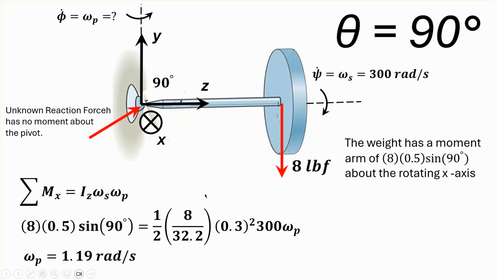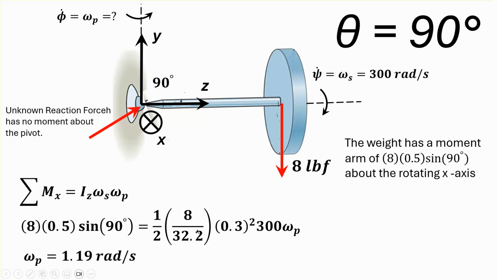And all those ugly first terms are going to drop out. And the mass moment of inertia of the disk about this axis is right there. And there's omega s, the spinning frequency, which we're told is 300 rad per second. Omega p is unknown. In this equation, the only unknown is omega p. Okay, and you solve it, you get 1.19 rad per second.